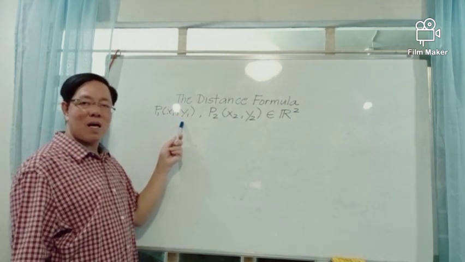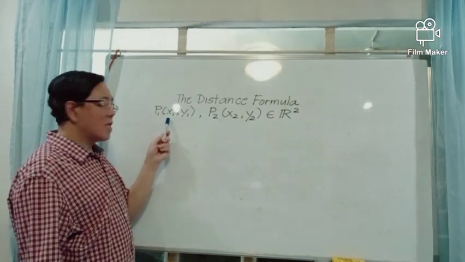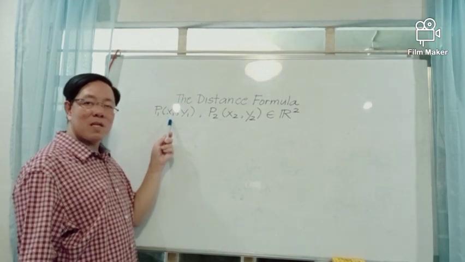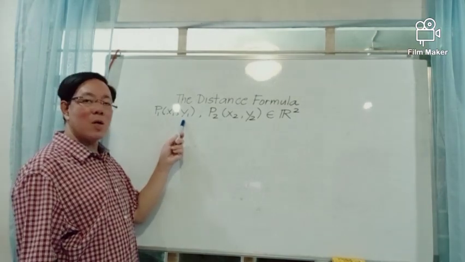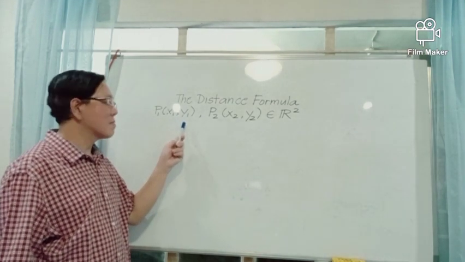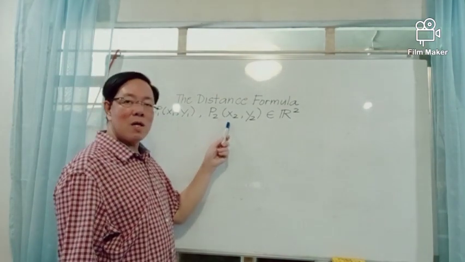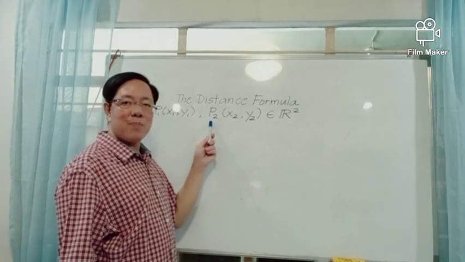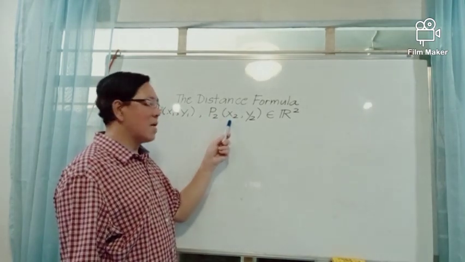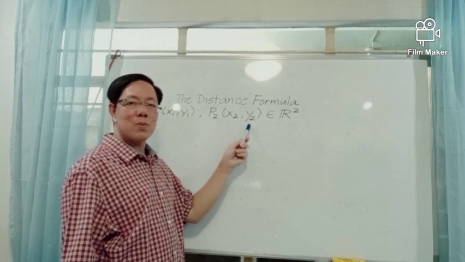But we do not exactly know the numerical values of the abscissa and ordinate of point P1. We denote the coordinates of the second point P2 by x2 and y2.